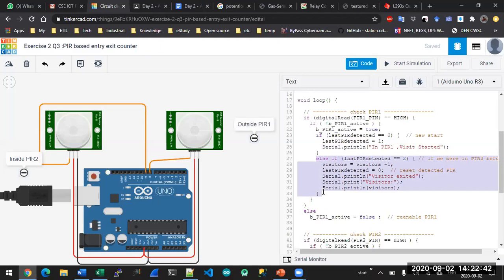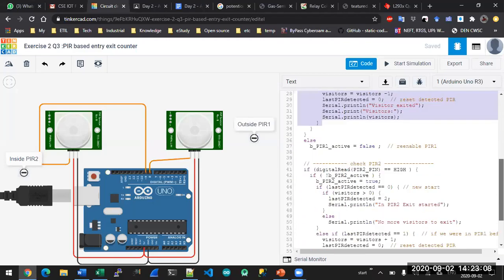Similarly, we will do this for the PIR2 sensor also. We will check whether it is activated or not, and if activated, then we will check if the last activated sensor was PIR1, which means some person has entered, or if lastPIRdetected was 0, which means it was the initial condition, so someone has already passed. So we have to start the exit process now.